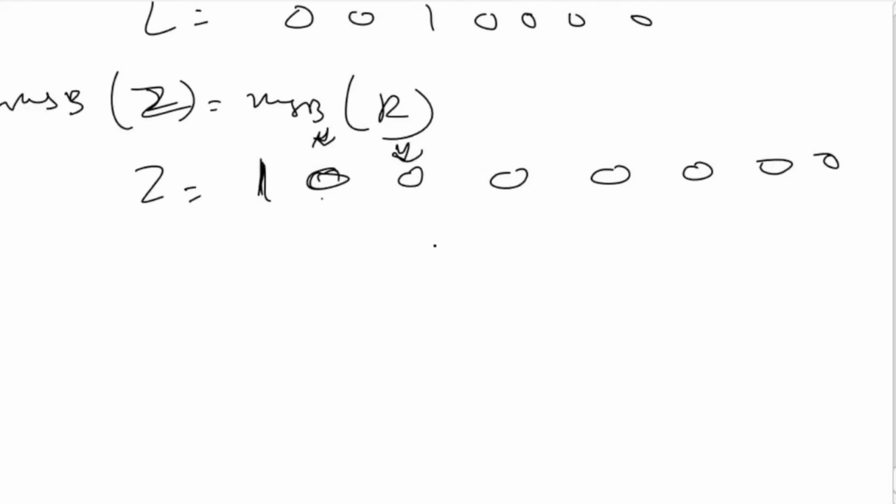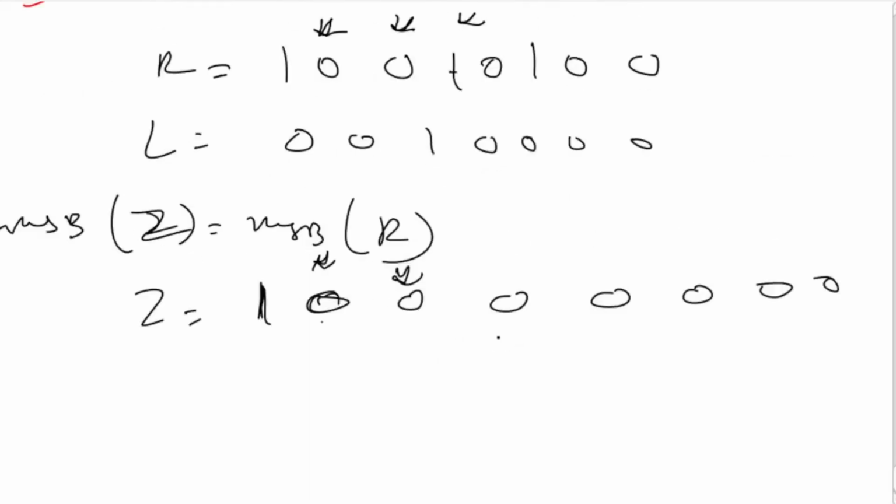Either to set this bit to 1. If we set this bit as 1, then till now Z is equal to R. That is, we can improve this answer further by setting more bits here.